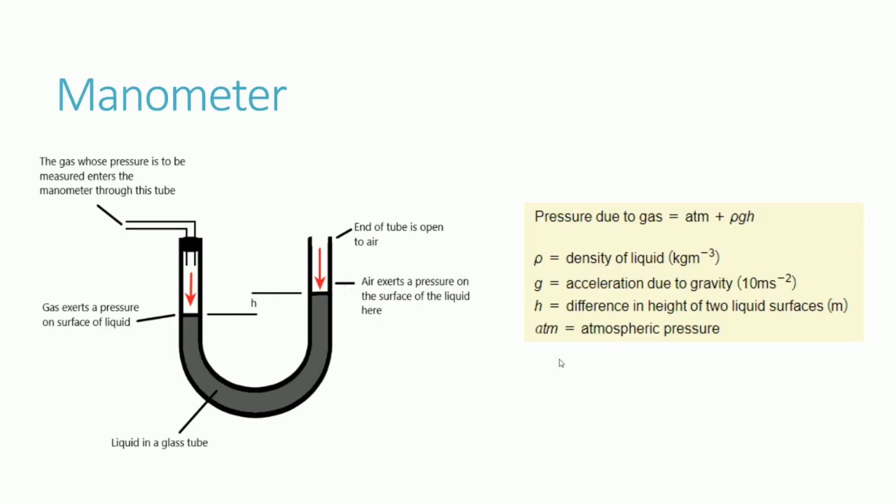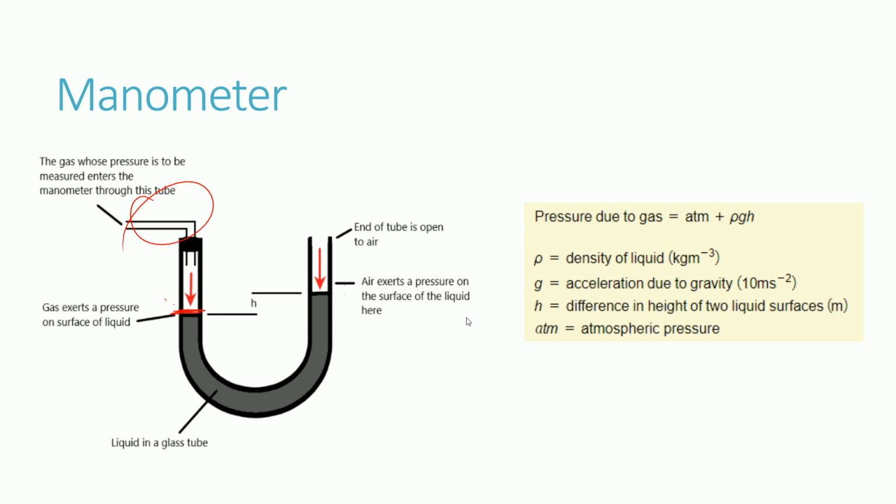Now, when we want to measure the pressure of a gas, we can use the setup called the manometer, which is actually very similar to the barometer, but essentially what you do is you have a gas whose pressure you want to measure, and it enters through this tube here. Now, as it enters through that tube, it's going to exert some sort of pressure against the liquid surface that you see over here.